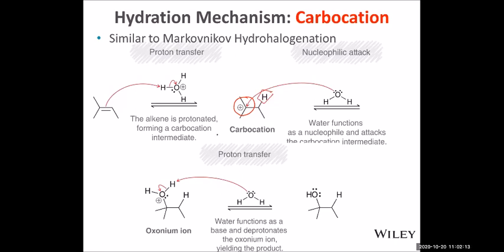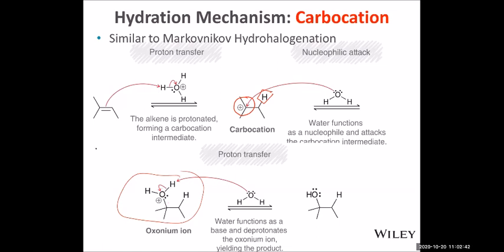And then the next step, in the solution, there's water as a solvent, and water as a nucleophile is a fairly weak nucleophile. It reacts with the carbocation, and the product gives you a protonated alcohol. They call it an oxonium ion, very similar to a hydronium ion.